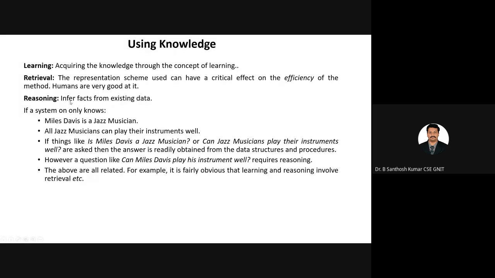Then reasoning is to infer facts from the existing data. Here some examples are given. If a system only knows that Miles Davis is a jazz musician, and a jazz musician is one type of musician, so one of the persons is Miles Davis. The next one: all jazz musicians can play their instrument well.